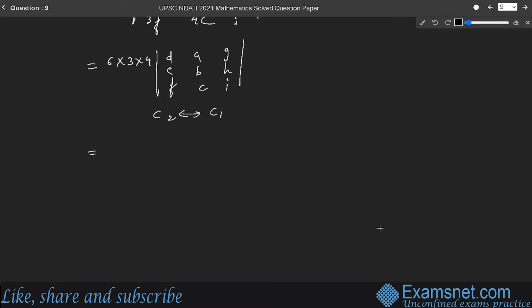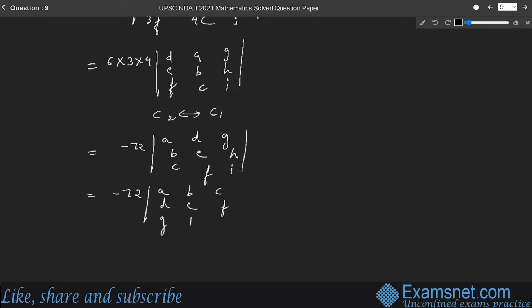We will get minus 72 times the determinant A, D, G, B, E, H, C, F, I. On interchanging column 2 with column 1, these are the values. Again, interchanging the rows with columns, we will get minus 72 times the determinant A, B, C, D, E, F, G, H, I.